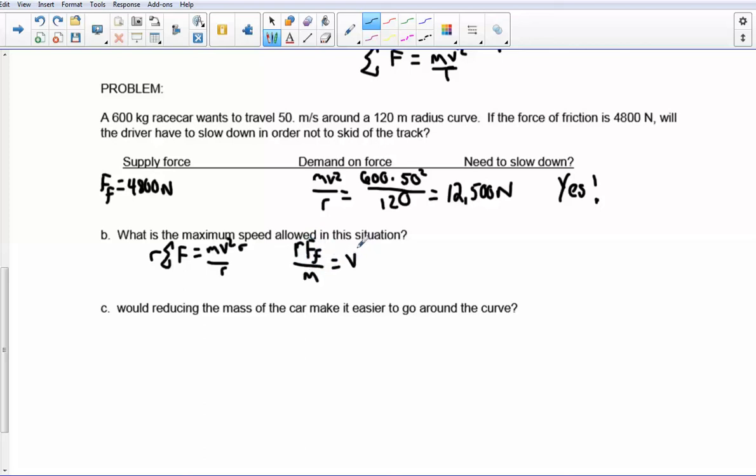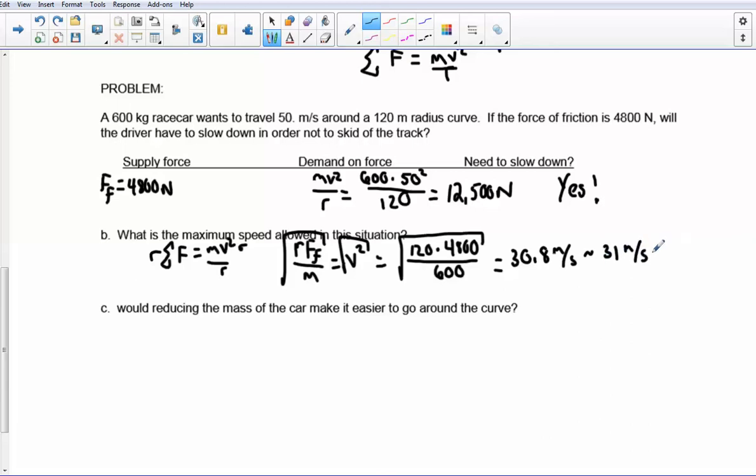That is equal to v squared, and if you square root both sides, I get the square root of 120 meters times 4,800 newtons divided by my mass of 600 kilograms. And so I get a maximum speed of 30.8 meters per second, so approximately 31.